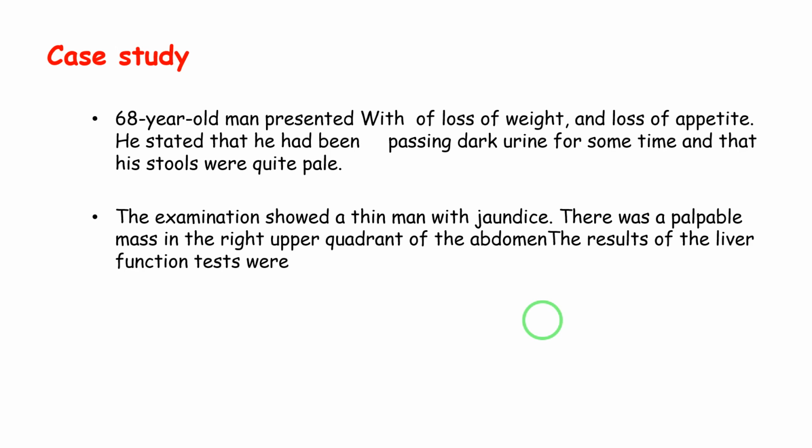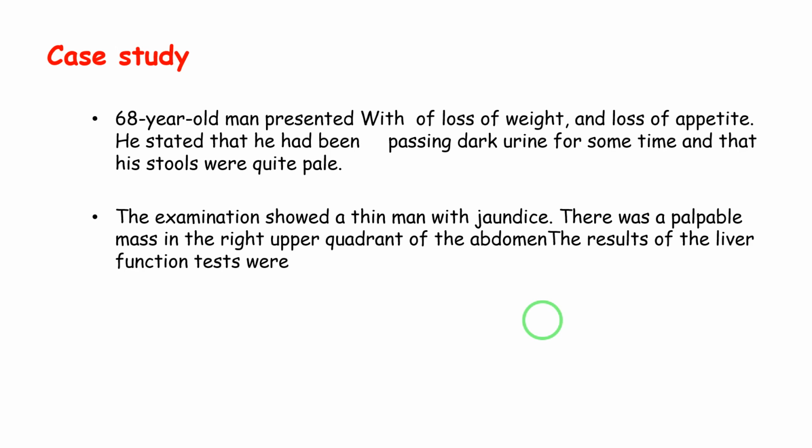Then he started passing dark urine for some time, and his stool was pale. One class of jaundice is characterized by pale stool because there is no stercobilinogen. On examination, he was jaundiced and had a palpable mass in the right upper quadrant of the abdomen.